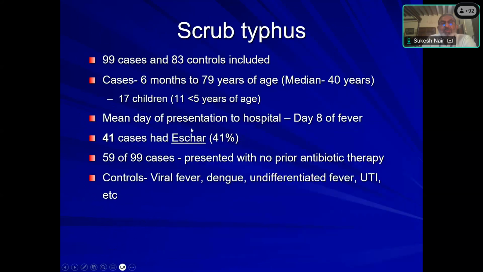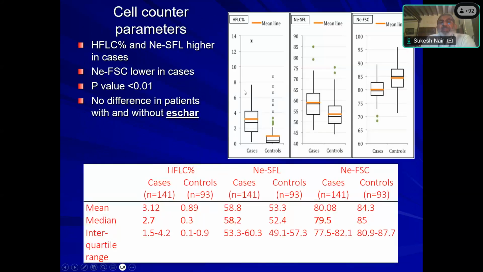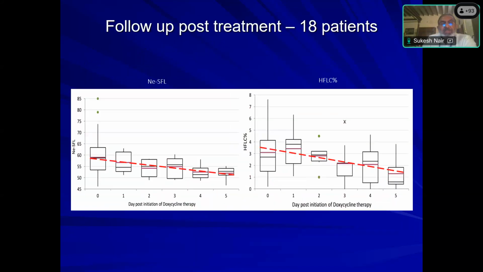So in a patient who has scrub typhus, we find that the HFLC is on the higher side, and the fluorescence of the neutrophil is high, and the forward scatter, the size of the neutrophil, is low as it is susceptible to lysis in processing. And the interesting thing is, as you start doxycycline, these changes in the cell counter dampen.